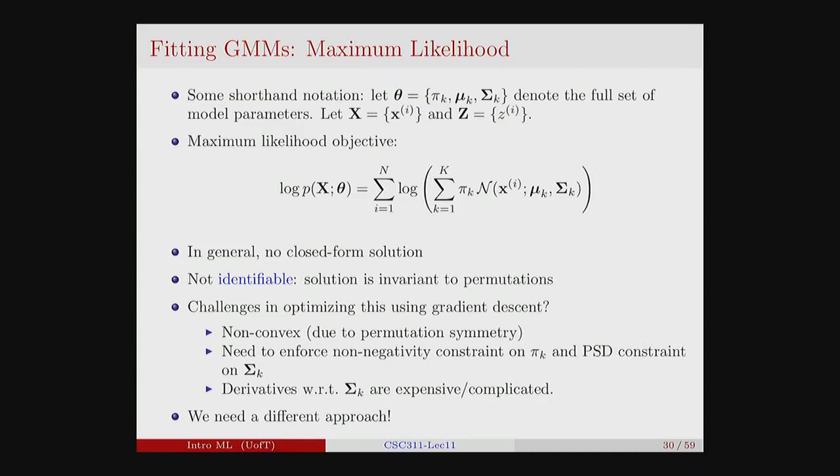Another easy way, if you don't see that immediately, is to think about the fact that P of X is a summation over these k things. It doesn't really matter if I sum the 0.3 first or if I sum the 0.7 first. That's what these permutation symmetries are. Each of them represents a different solution, but they all represent the same likelihood function.